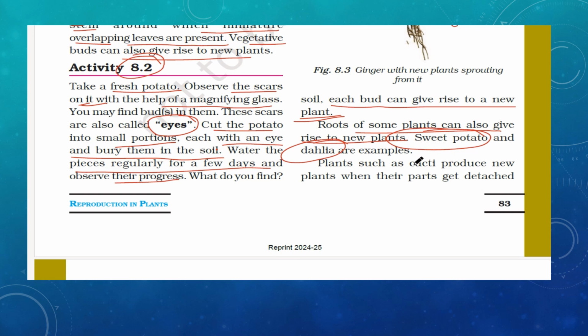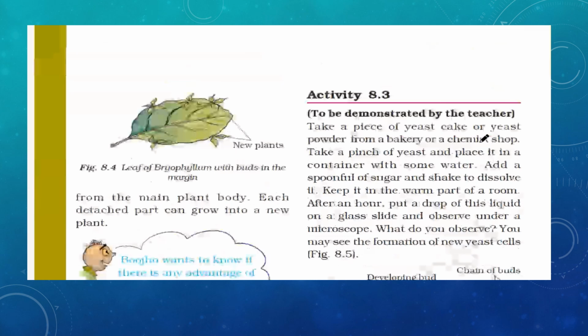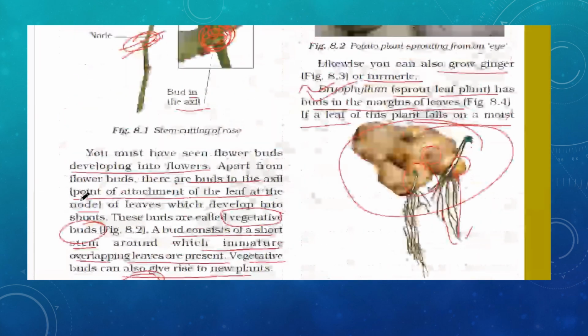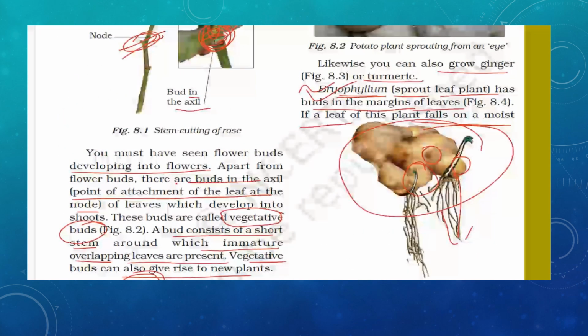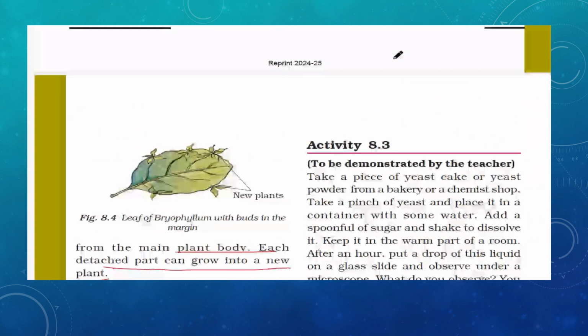Now there are plants such as cacti, where, when parts get detached from the main body, each detached part can grow into a new plant. Just now we were talking about Bryophyllum. Bryophyllum is called a sprout leaf plant, which has buds in the margin. So how does it look? See here. This is a Bryophyllum plant.